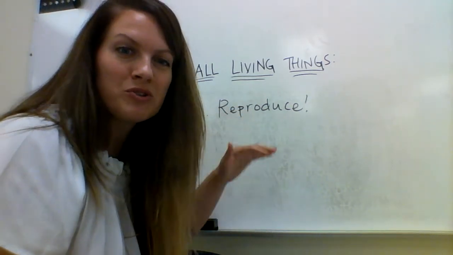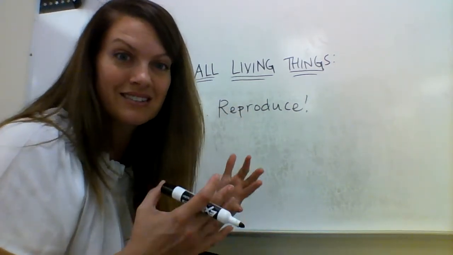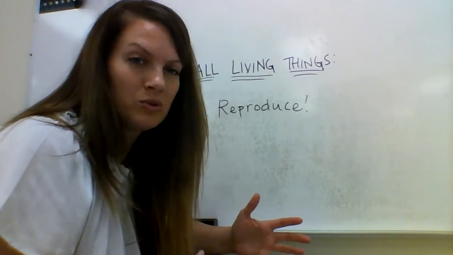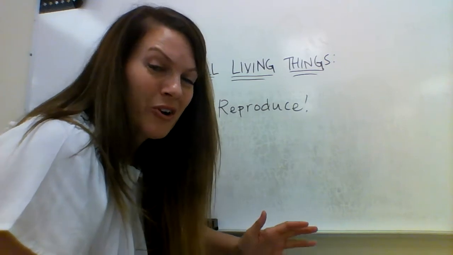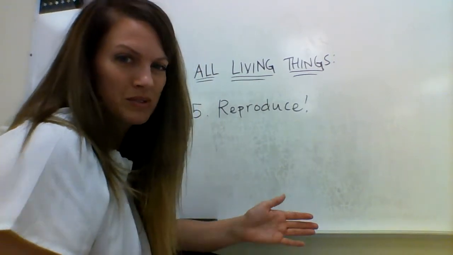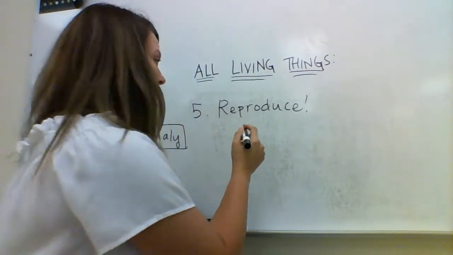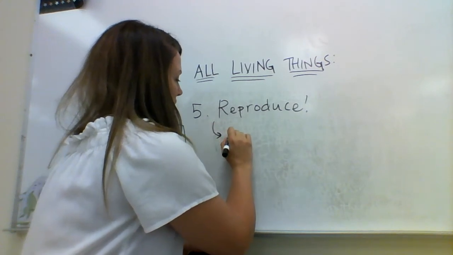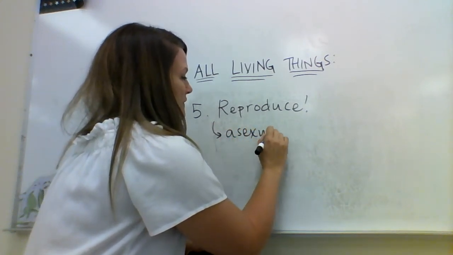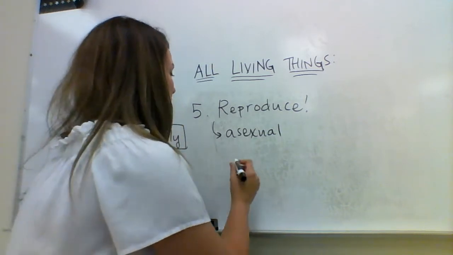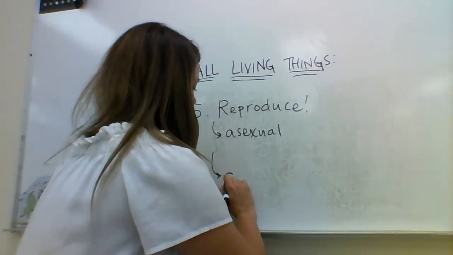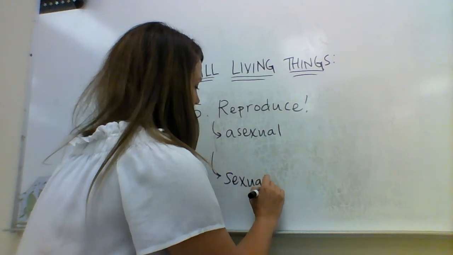But let's talk about the way that things reproduce. Because when I say reproduce, you're probably thinking in terms of sex. Sexual reproduction is how animals mostly reproduce. But there are a lot of other ways that organisms can reproduce. So let's talk about 2 general categories. Organisms can reproduce asexually or sexually.